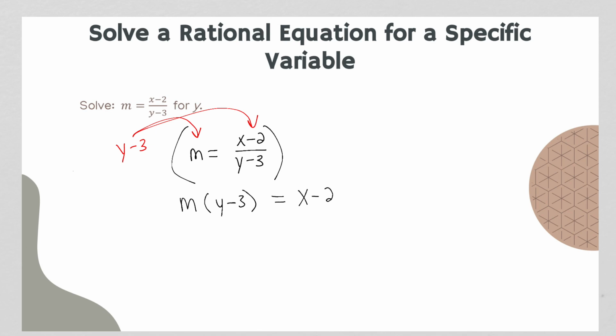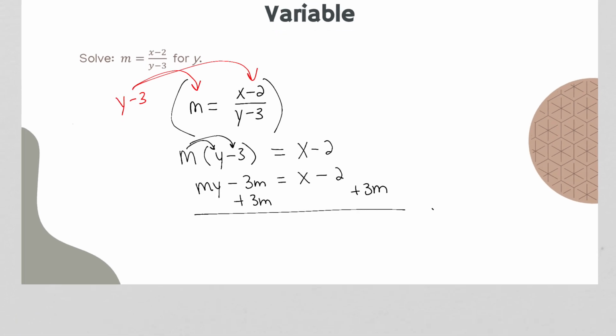So now I would distribute. So my y minus 3m is equal to x minus 2. And so to get this y by itself, I would add 3m to both sides. So I get my is equal to x minus 2 plus 3m.